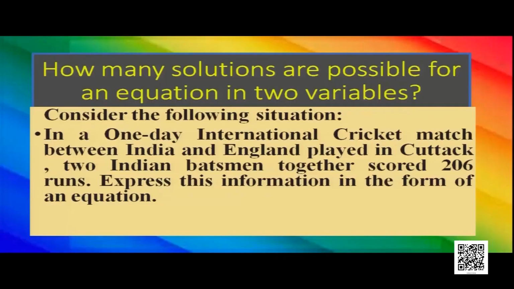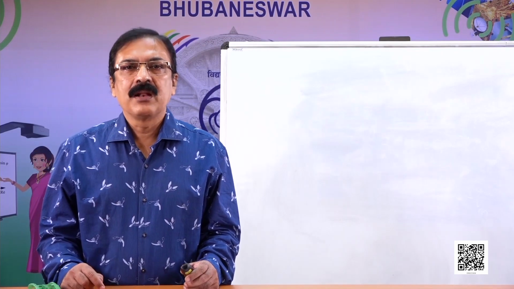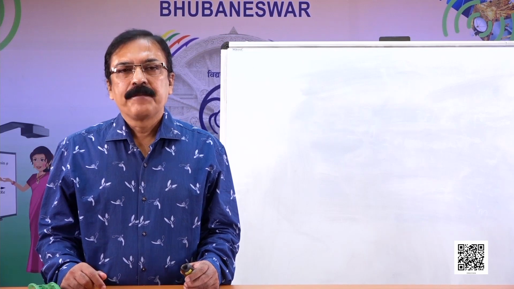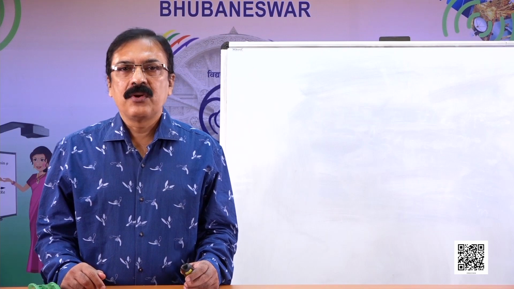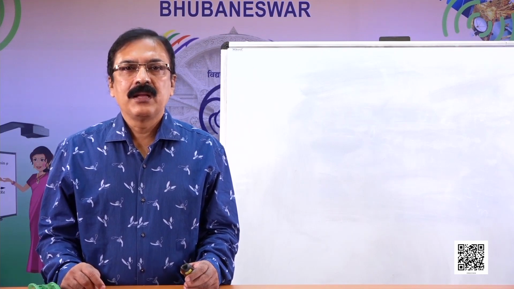In a one-day international cricket match between India and England played in Kotak, two Indian batsmen together scored 206 runs. Express this information in the form of an equation. This was also given in last class. For today, let's see how to form the equation. We don't know which player has scored how many runs.